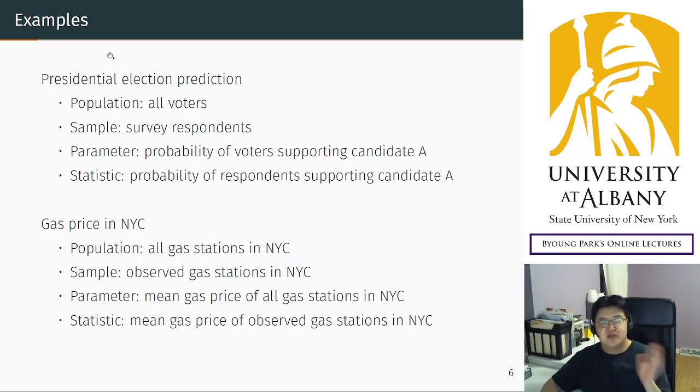So think about presidential election. Election prediction is a good example of statistical inference, right? Last year, there was a presidential election, and there were a lot of estimations and predictions, a lot of polls and surveys, and they are basically doing statistical inference.